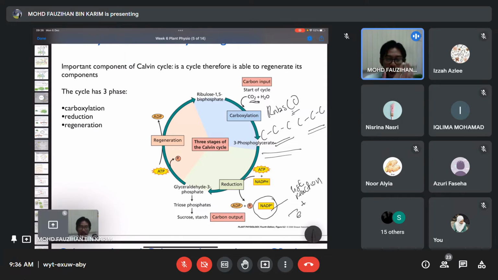It will pump in protons, right? So when the protons get too concentrated, more concentrated than the other side, right? It will produce ATP. So both elements here will be used back in the Calvin cycle, right? So ATP will become ADP plus Pi.